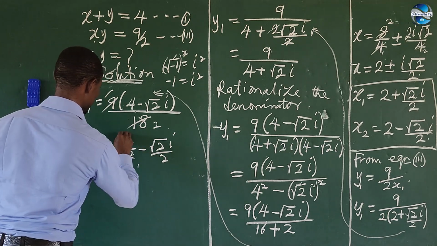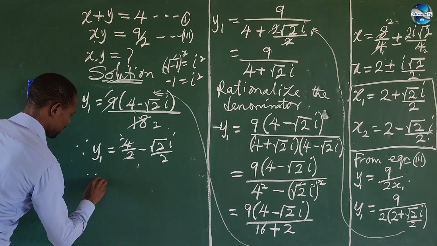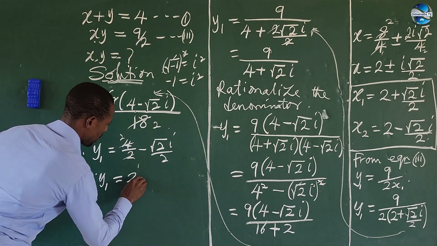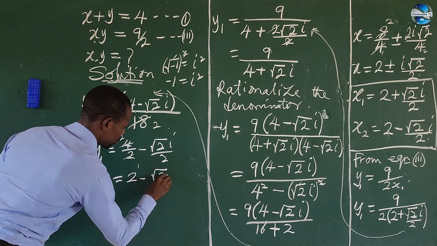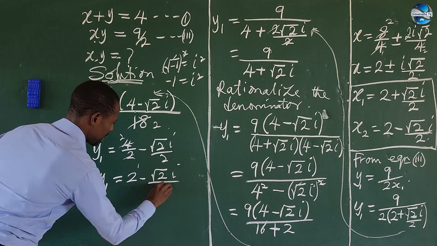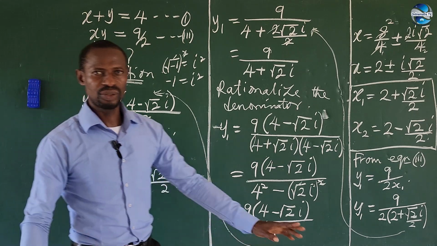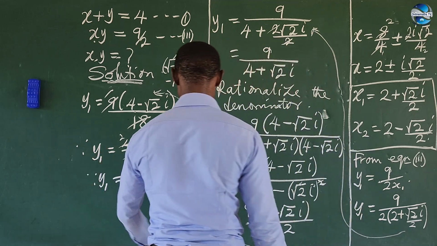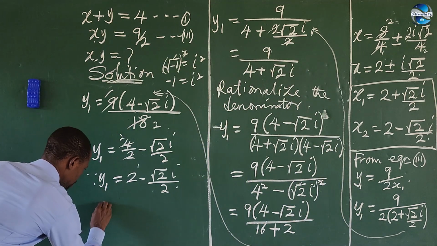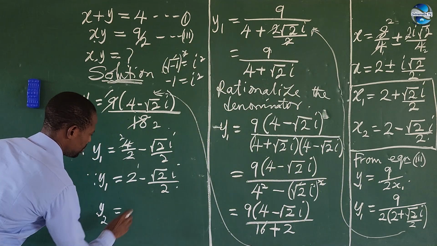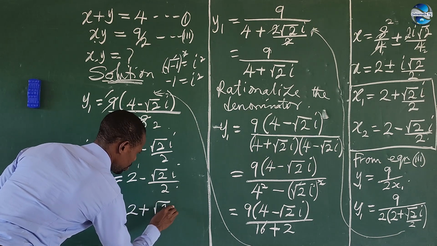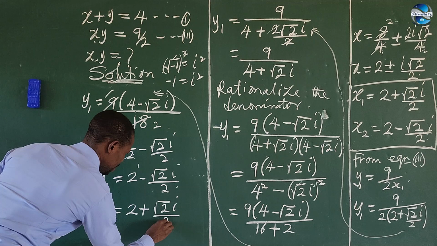Again, this will give us 1, this will give us 2. So we now have, therefore, our y1 is equal to our 2 minus the square root of 2i all over 2. Now, if we do this for our x2 to get our y2, y2 will automatically be our 2 plus our square root of 2i all over 2.